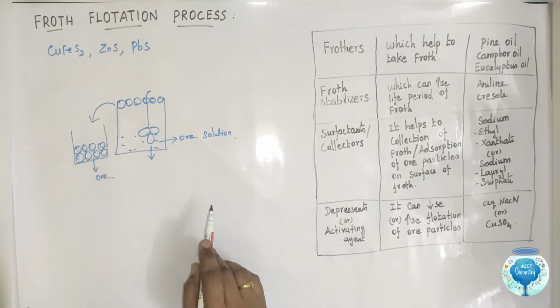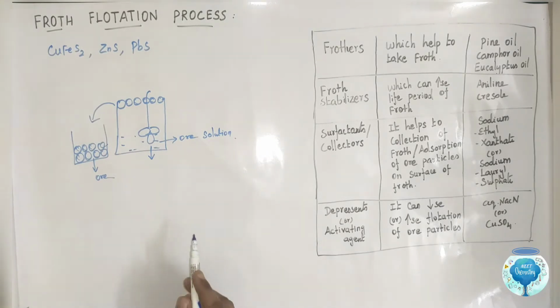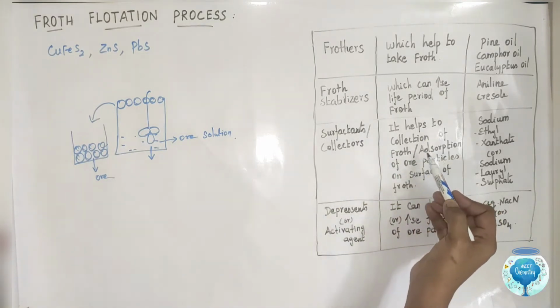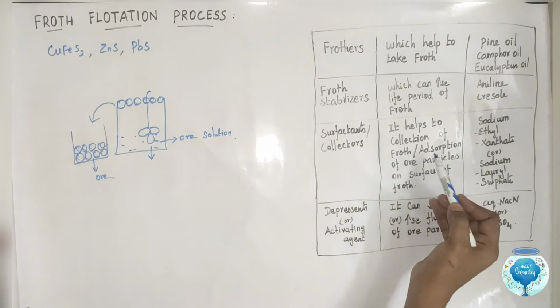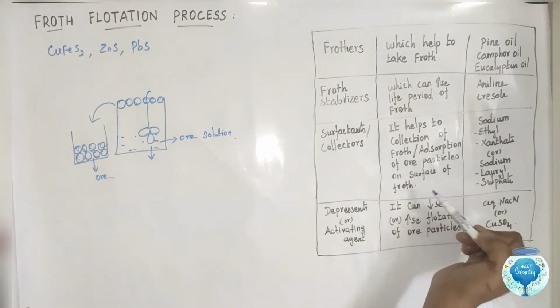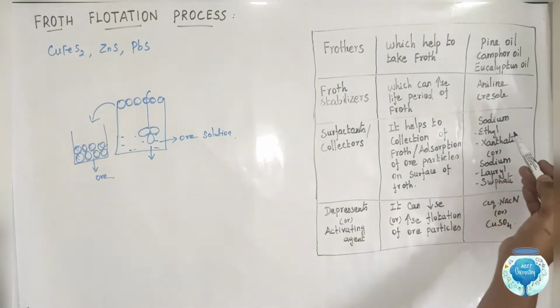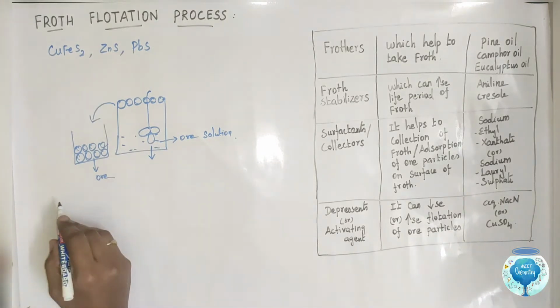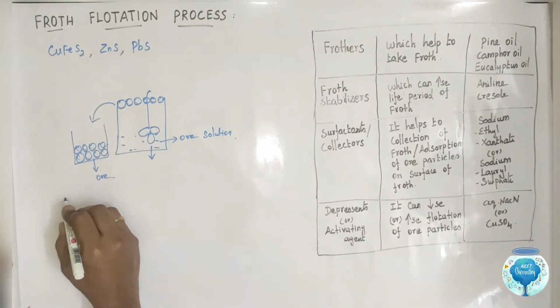Third one, surfactants and collectors. Surfactants help in the collection of froth. Collectors help in the adsorption of ore particles on the surface of the froth. Examples: sodium ethyl xanthate or sodium lauryl sulfate.